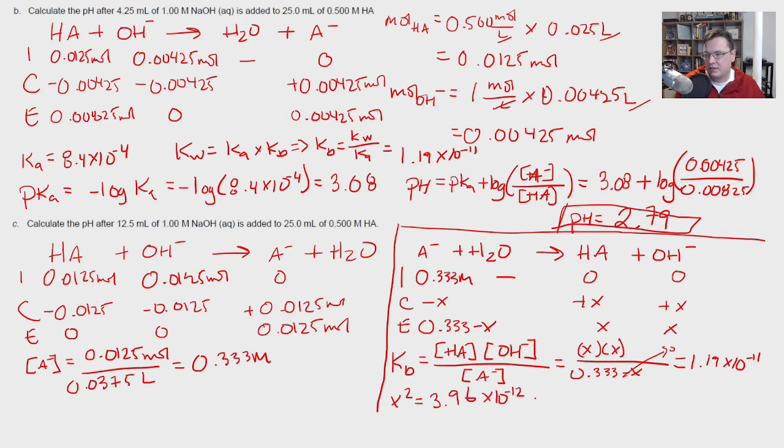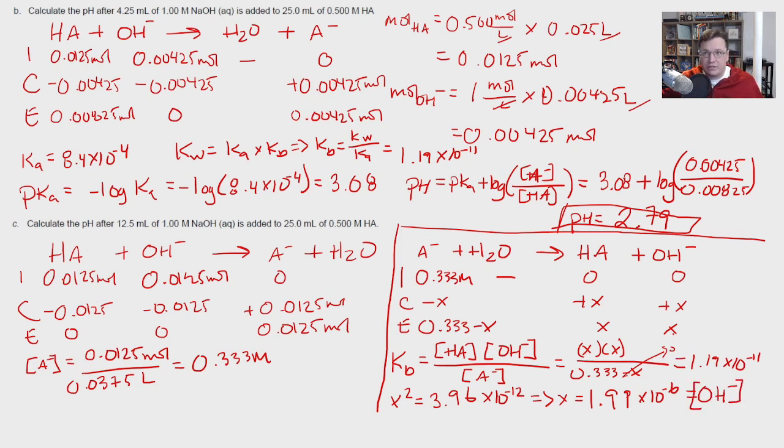Now we take the square root of both sides, and so x is equal to 1.99 times 10 to the negative 6. So that's our concentration of OH minus in solution.